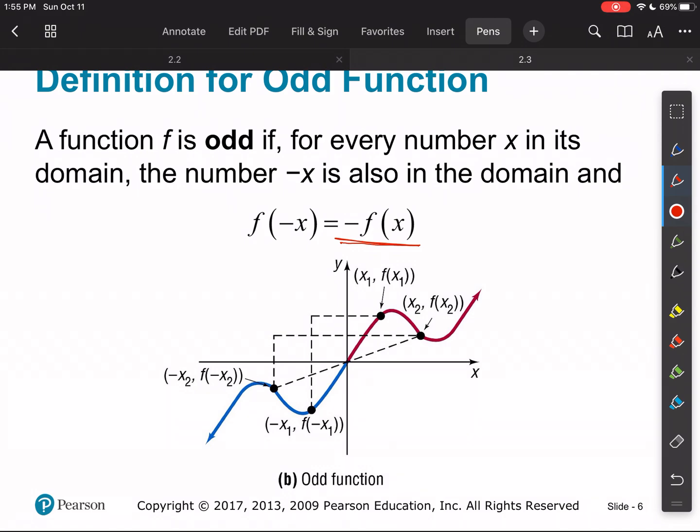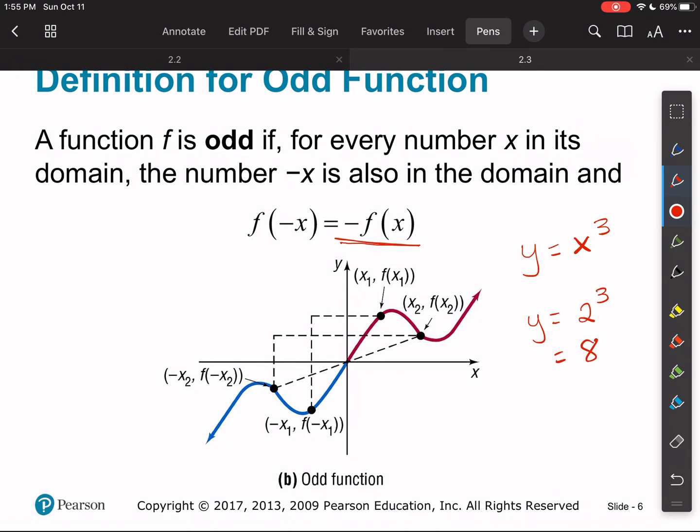So a very easy example, probably the easiest example there is, y equals x to the third power. If I choose an x value of, let's just say 2, the same one here, y equals 2 to the third, that is equal to 8.